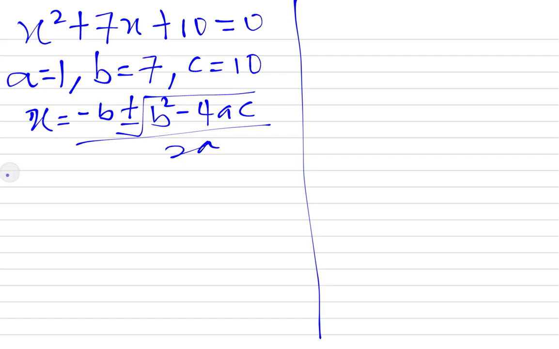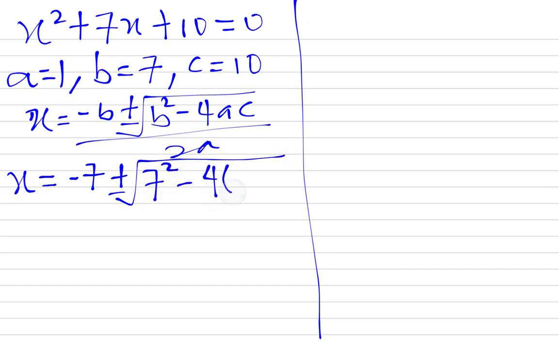So that will now become x is equals to minus, what's your b now? 7 plus or minus square root of 7 squared minus 4 into what's your a now? 1 into what's your c? 10. All over 2 into what's your a? 1.